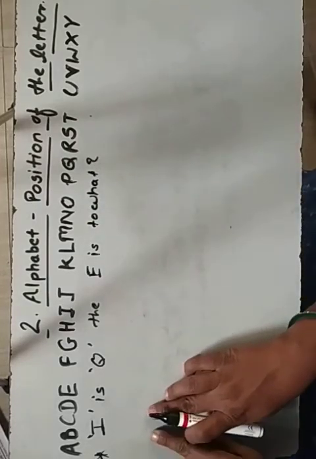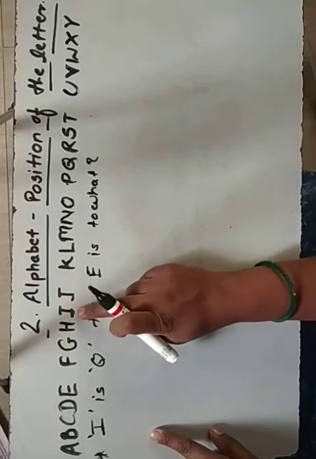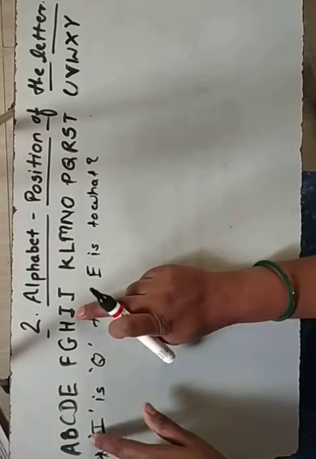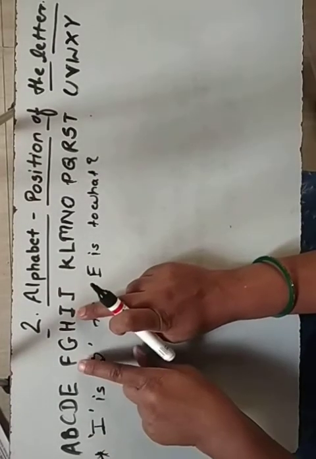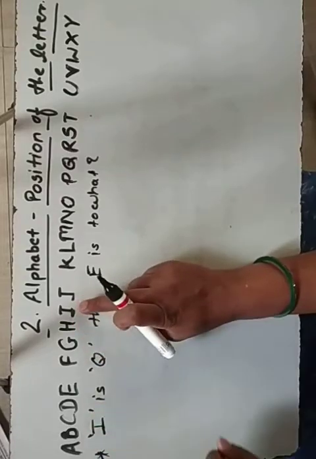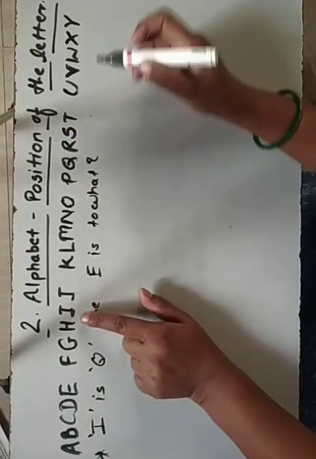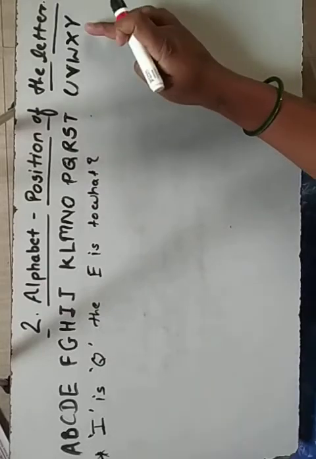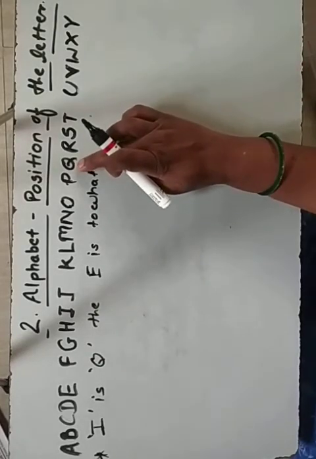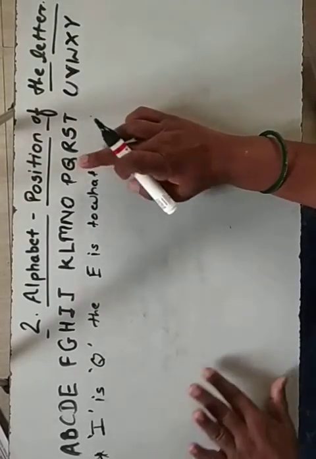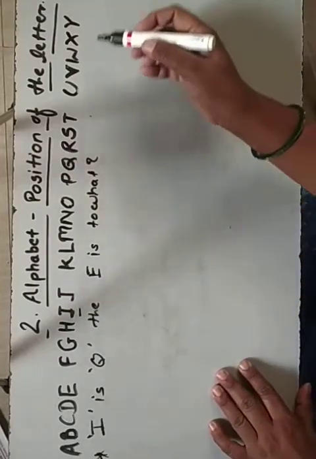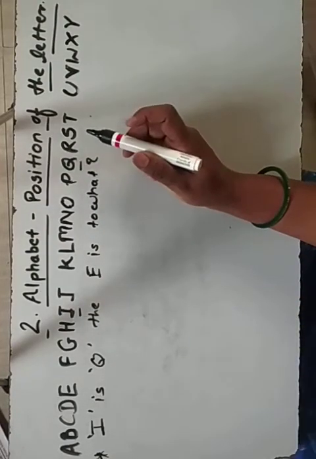Suppose I, the position of I from the left side, is how much? It is at the 9th position: 5, 6, 7, 8, 9. From the right side, if we observe I and Q, Q is also at the 9th position. It means from the left side I is at the 9th position, and from the right side Q is at the 9th position.